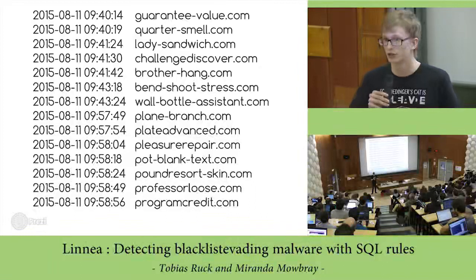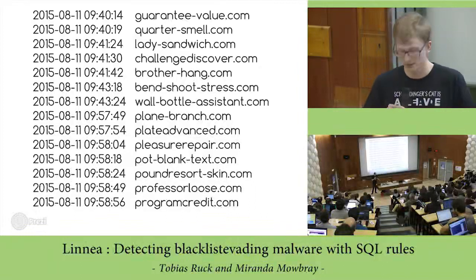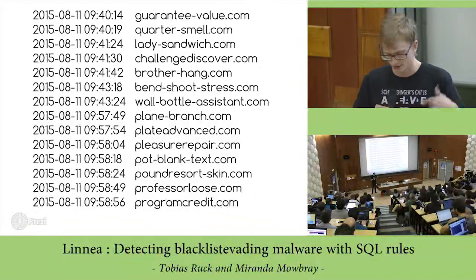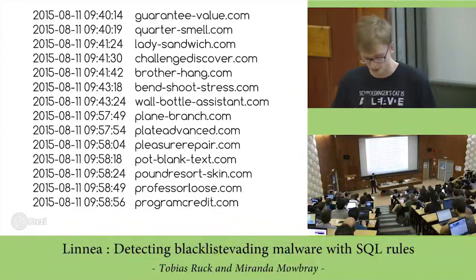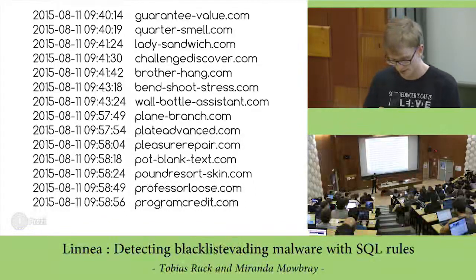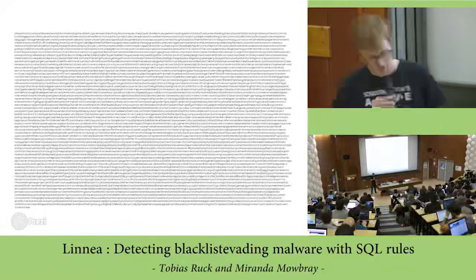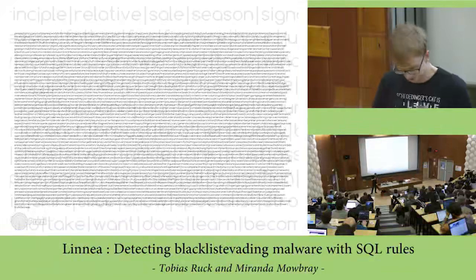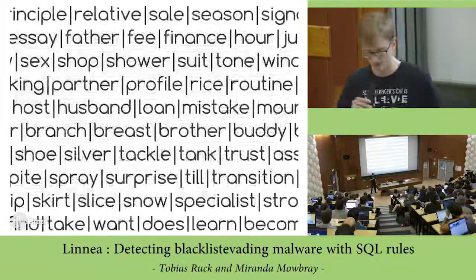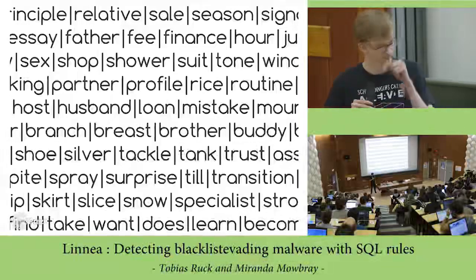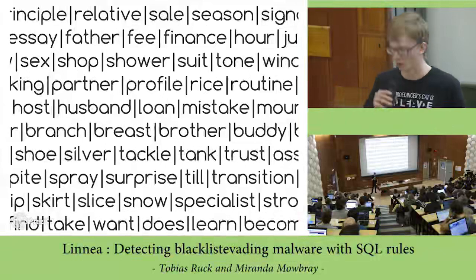So if you reverse engineer Matsnu, you find all the words that are used by Matsnu to generate these domains. And the regex to do that looks like this. It's a lot of words, and if we zoom in a bit, you can see that they're all some type of English noun or verb.